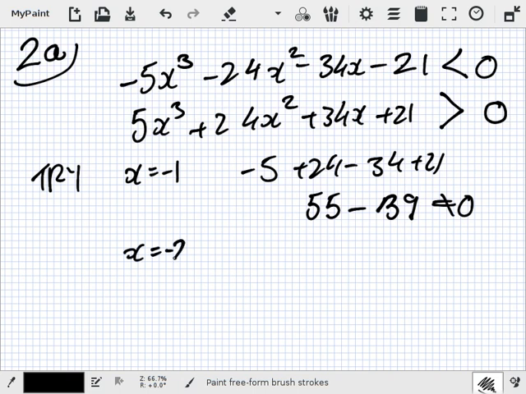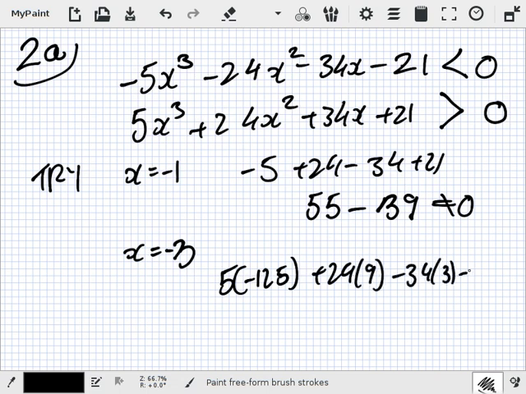Minus what? Minus 3, is it? So you get 5 times minus 125 plus 24 times 9 minus 34 times 3 plus 21. You're saying that's equal to 0. Yeah. I'll believe you. So therefore, x plus 3 is a factor.